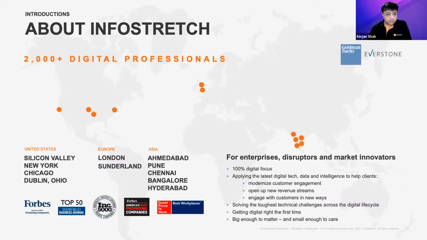In the US, we are headquartered in Silicon Valley, Santa Clara. New York, Chicago, and Dublin, Ohio are other offices that we have, and in Europe we have London and Sunderland in the UK.